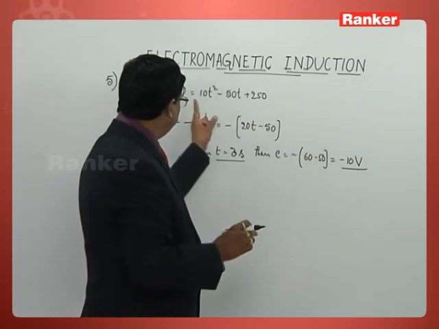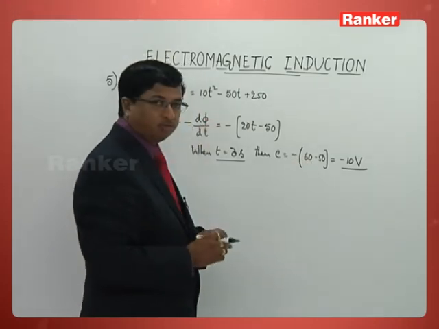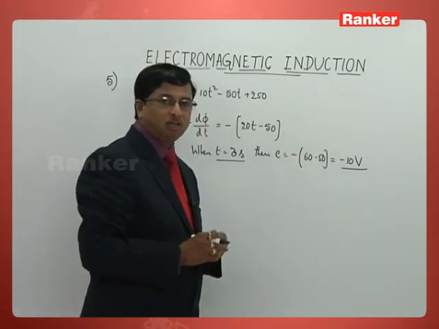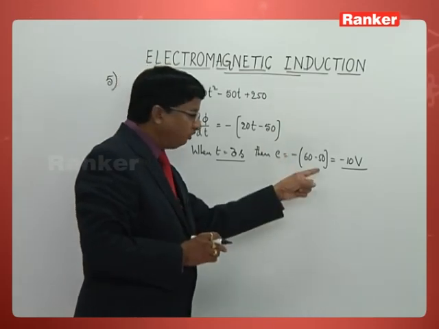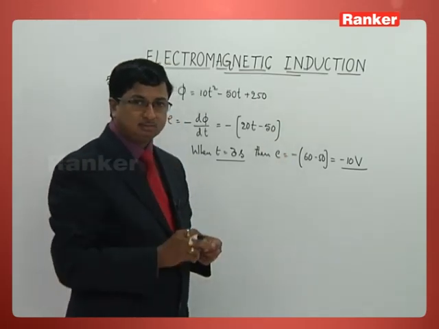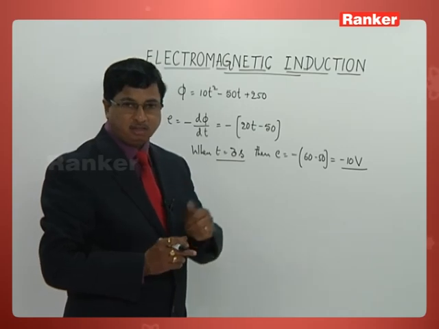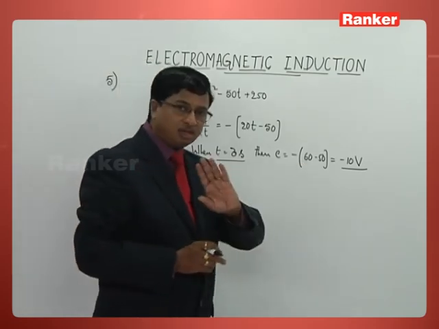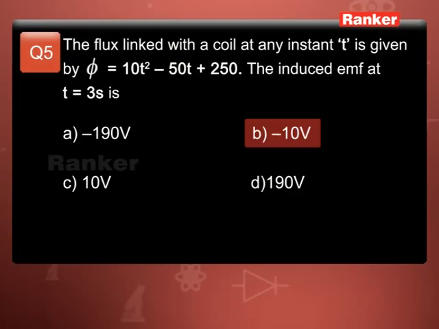That is this negative sign. Suppose I have not taken this negative sign, I'll definitely get 10 volt, which tallies with the third option. But in reality, the third option is not the correct answer. The correct answer is the second option. So the answer for this one is B.